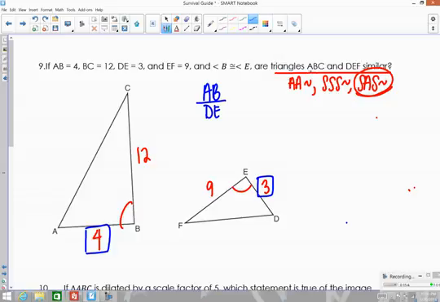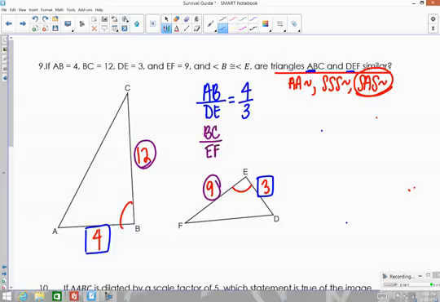And remember, if you're not sure which ones correspond, if you look at the order here in the statement, A, B, and D, E, those are both first, so those correspond. So when I compare those, 4 to 3, that doesn't reduce, so I just leave it. So then I'm going to compare the other two sides, so BC to EF.